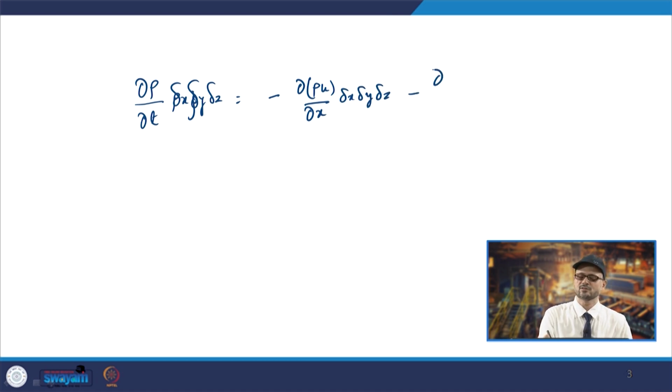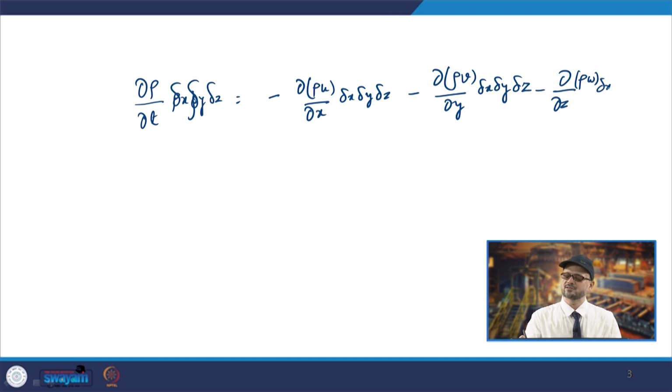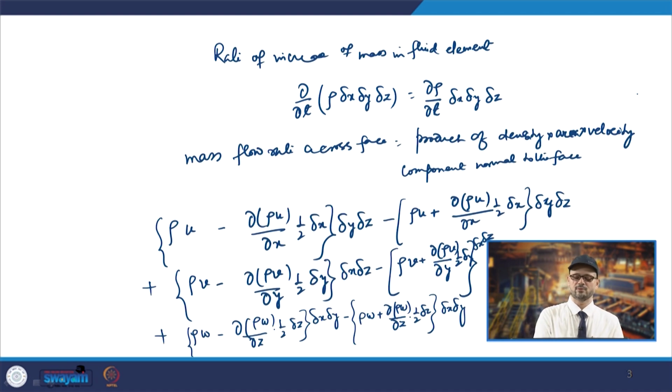Similarly, minus ∂(ρv)/∂y δx δy δz, and similarly you will have another term, minus ∂(ρw)/∂z δx δy δz. So that is coming as the negative term when you add all these terms.